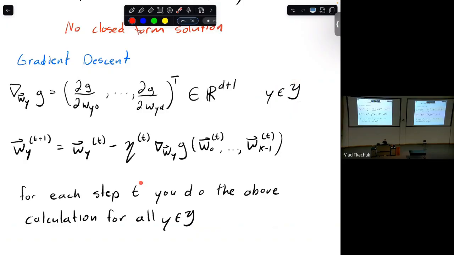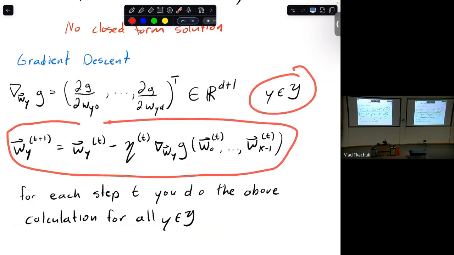So there's an outer loop going over iterations until the last epoch, capital T. And within that, there's an inner loop that goes over all the classes and does this update k times.